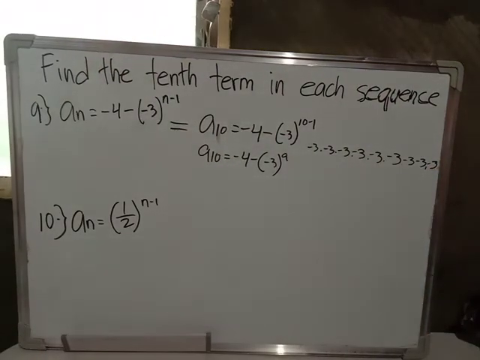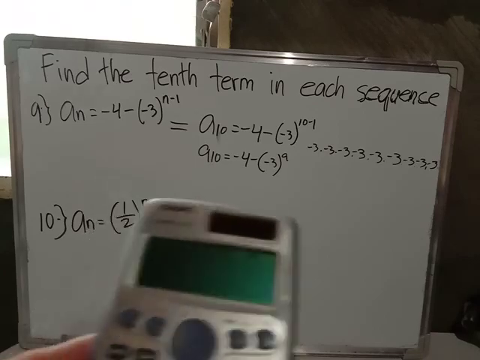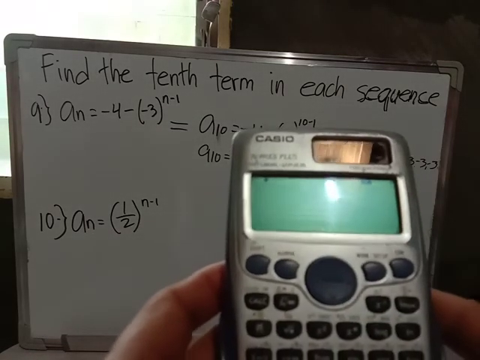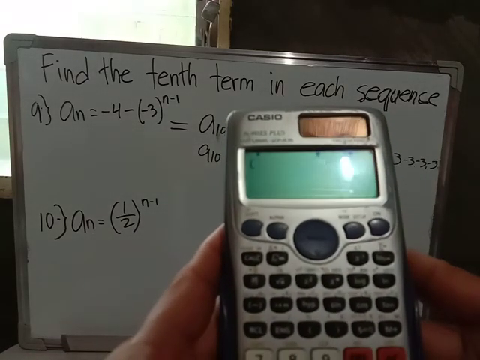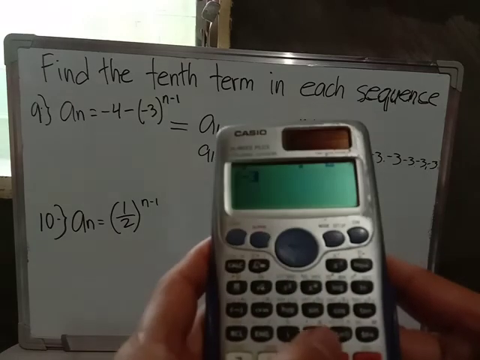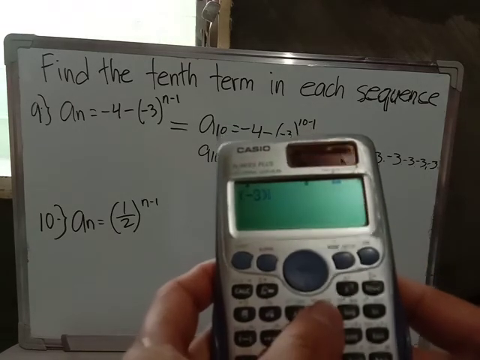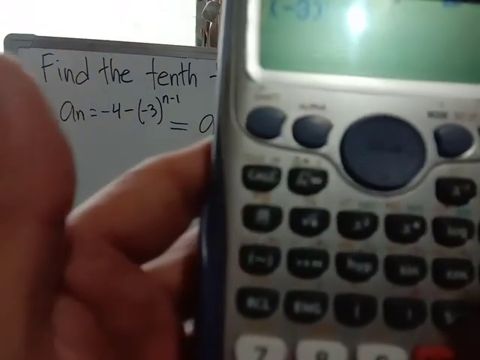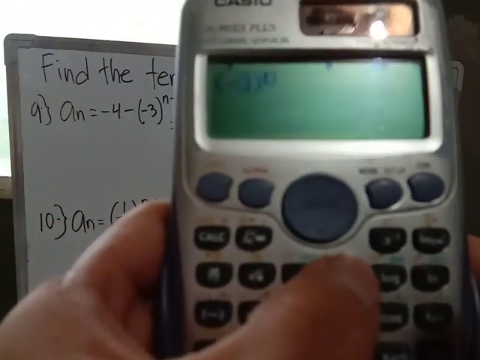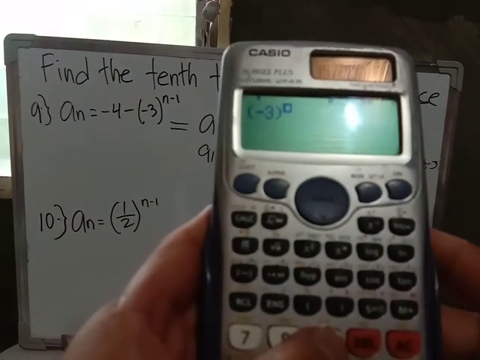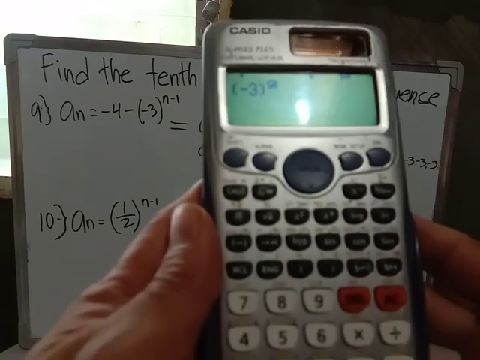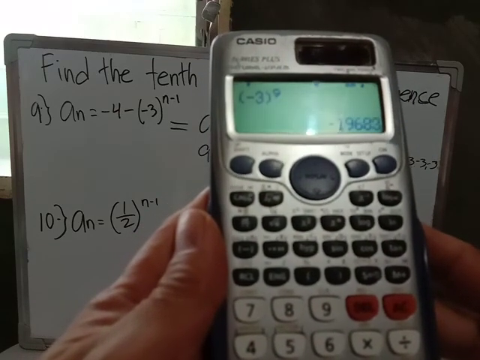Yan lang yung power, diba? So, using calculator, mas madali siya sa calculator. Ganyan lang. Negative 3, then yung x box, ito, x box. Then, put mo lang si 9. Then, equals.